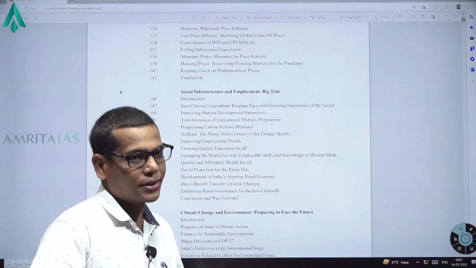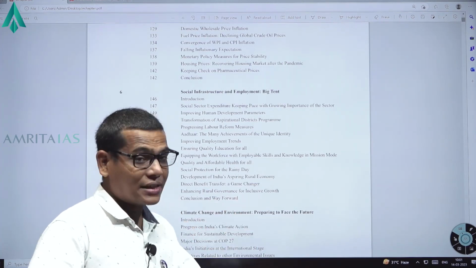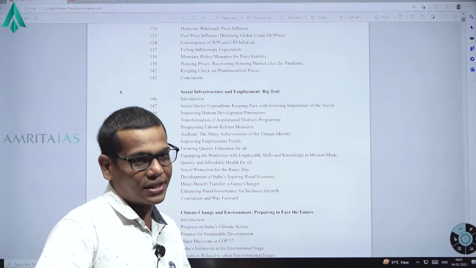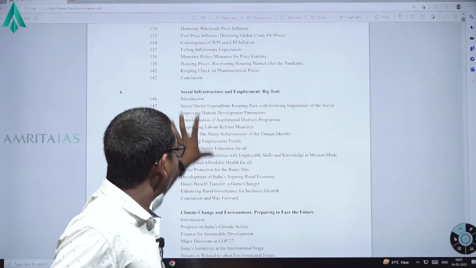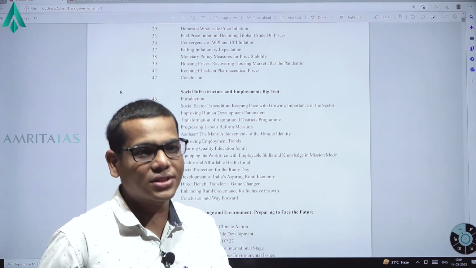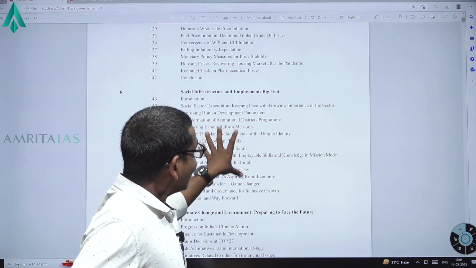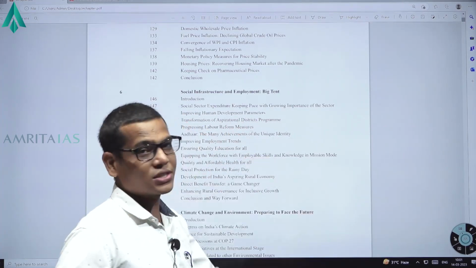It includes housing, food grain distribution, women and children. So they have mentioned the various social sector schemes, and this chapter is very, very important because you may get some preliminary questions from it.